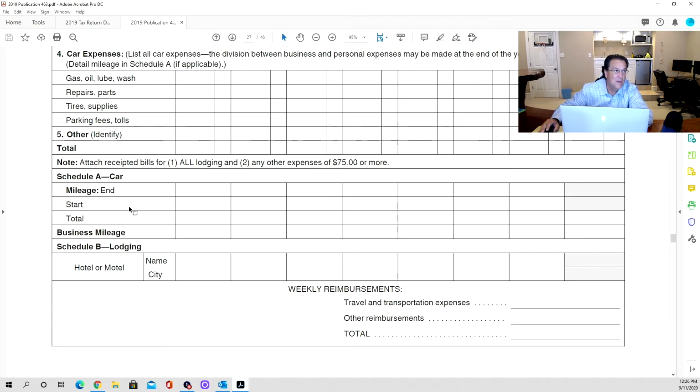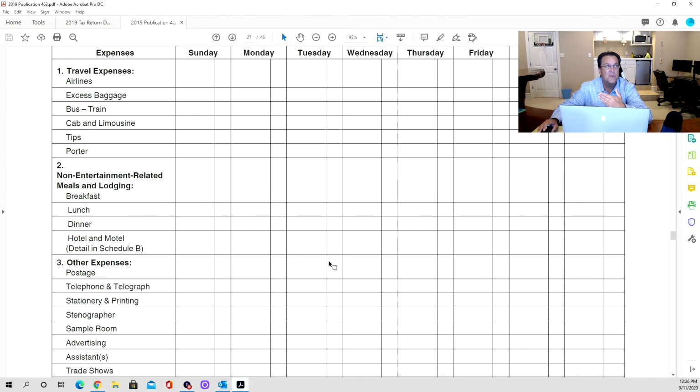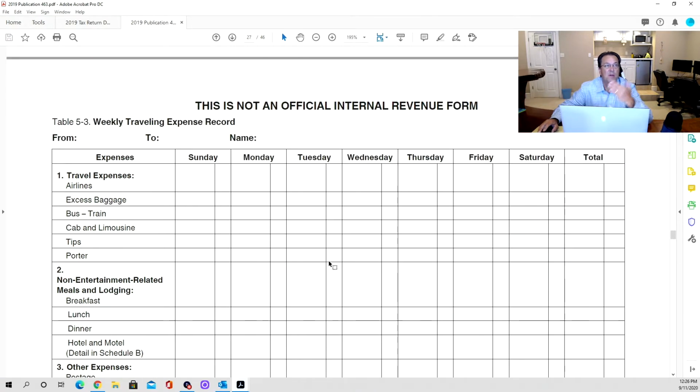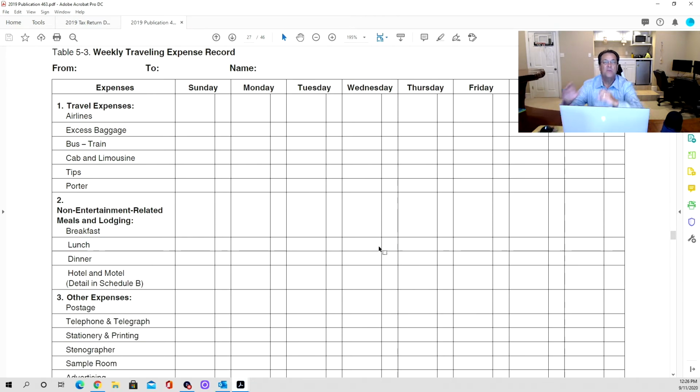You've got to keep beginning and ending mileage to break out, and then you've got to keep date, place, time, purpose. You've got to keep track of all this not only for all your expenses, but this is just a sample that the IRS is giving you. So that means you've got to keep track of date, place, time, purpose, wherever you went, of every mile.